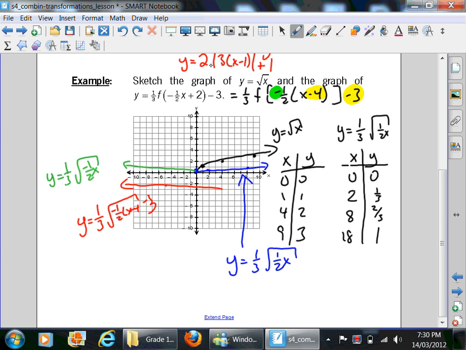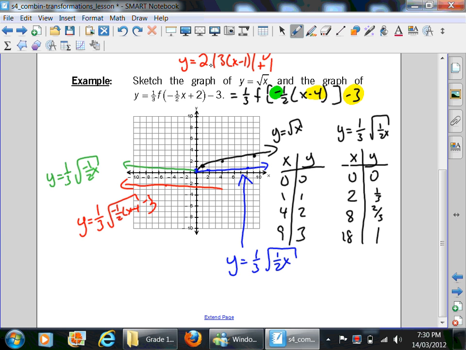Because we're basically doing this in stages. So label each of your graphs that you draw, just so it's perfectly clear. Chances are you will not do your graphs in black, green, red, and blue. So make sure you label them, and it's clear which one belongs to which, and then you're good to go. Okay?